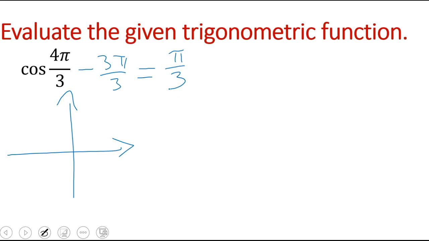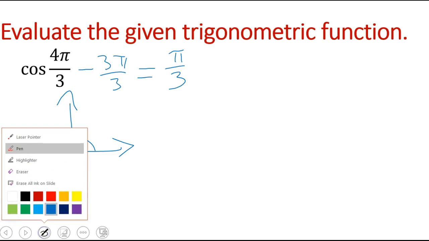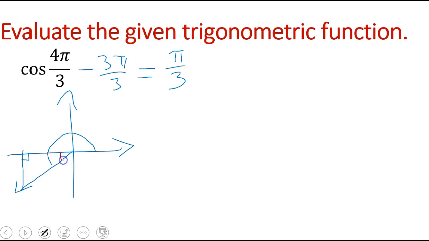So we went only 1 pi, and it is positive, so we go in a counterclockwise direction. So we go half a circle, 1 pi. After we do that, we have 1/3 pi left, which is going to be in that quadrant. So our reference angle is going to be right there, and this is pi over 3.